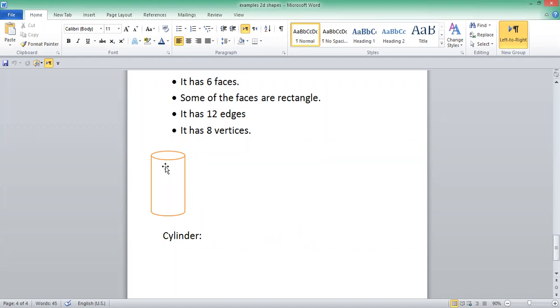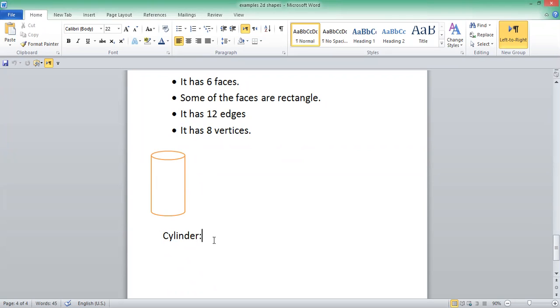So this one and this one, these two are flat faces, and this one is the curved face. I showed you in the video yesterday how it is having 3 faces. Flat means you can put something on it and it cannot be rolled. This is the curved face, you can roll it.